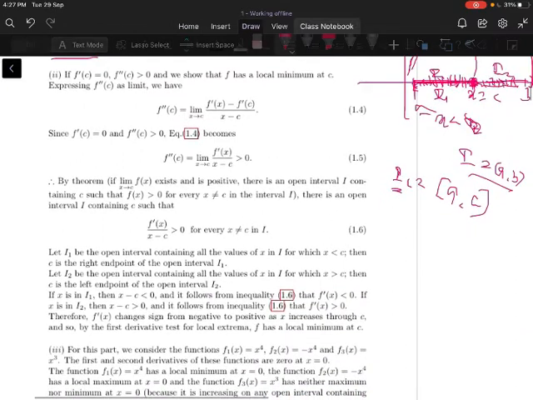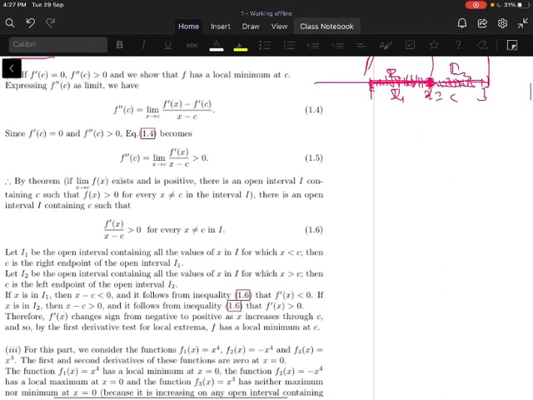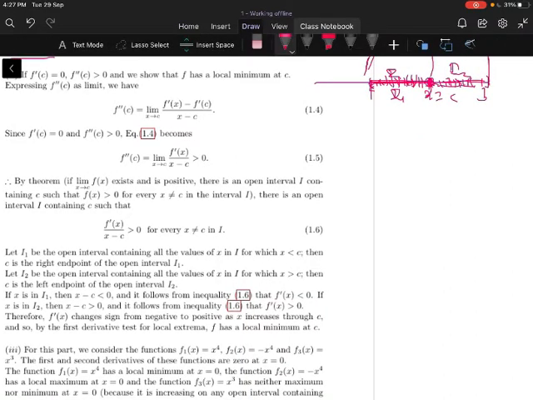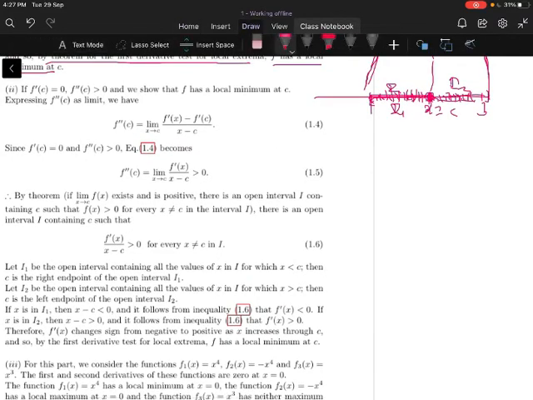So let us move to the second part here. In the second part, you have to prove that if f dash of c is 0 and f double dash of c is positive, then f has a local minimum at c.